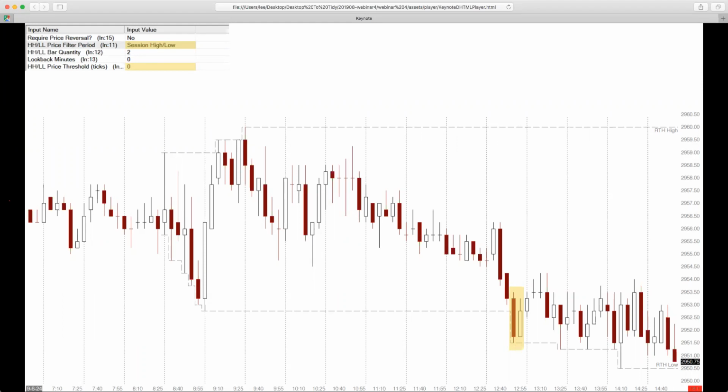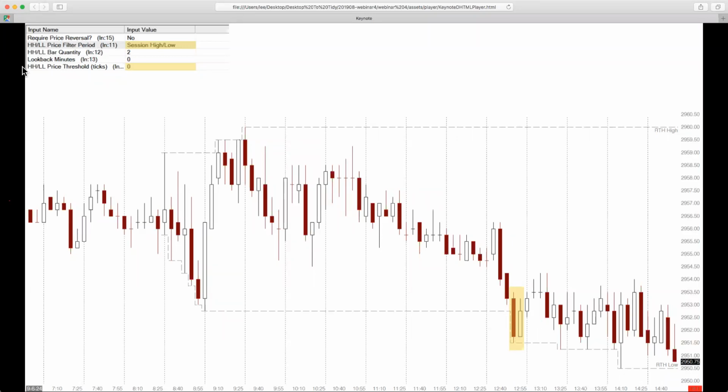This can be good if you're looking to trade the edges back into value, if you're looking for reversion trades. So if you want to see peak absorption at the session high or session low, or a price rejector, this is a great way of filtering out that context without you having to think about, have I got the signal and am I at this line? The indicator will do it for you.